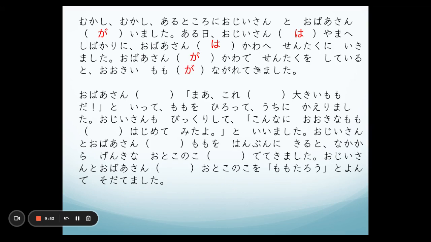大きい桃が流れてきました. 流れてきました is a compound verb, 流れます、来ます, combined together, came streaming, floating around.